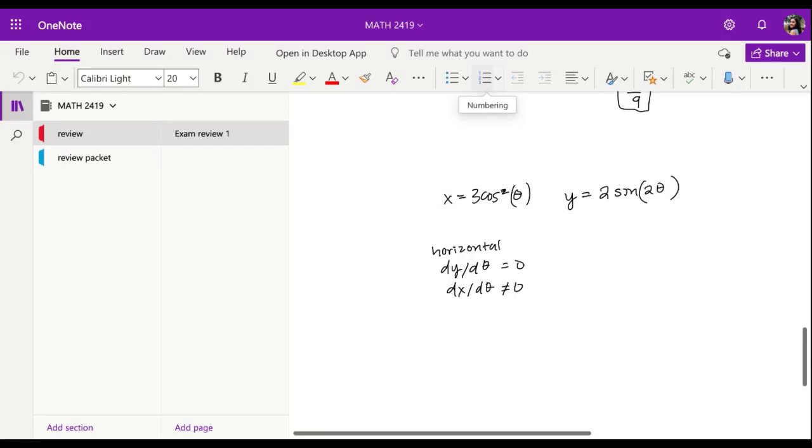Yes, it is not smooth there. So that's how we would find horizontal tangents, and for vertical, it's the same thing but flipped. We want dx/dθ to equal 0 and dy/dθ to not equal 0.